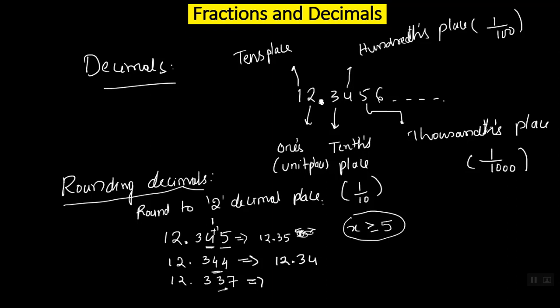You have to look at the hundredths place. The next number is greater than 5, so you have to add 1 to this 3, and that's why it becomes 12.34. This is how numbers are rounded to the nearest tenths, hundredths, thousandths based on what the question asks.